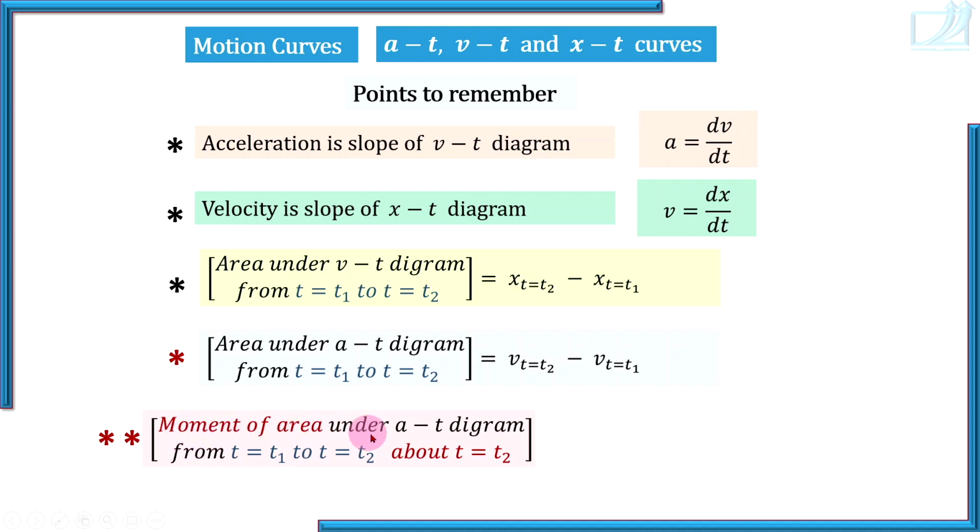Moment of area under At diagram from t1 to t2 about t equal to t2, plus initial velocity, this is initial velocity, means velocity at t equal to t1, it is initial velocity in this time interval, so initial velocity into (t2 minus t1), that is the duration, gives you change in position or displacement.